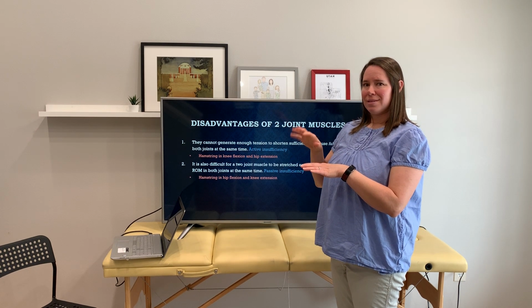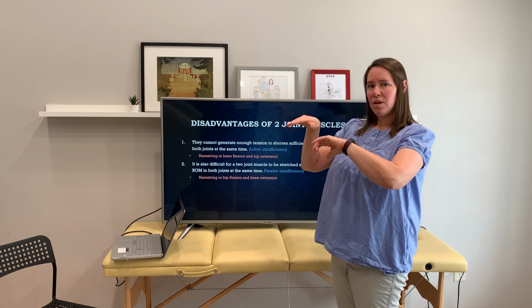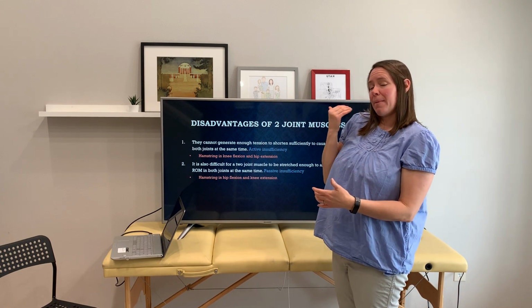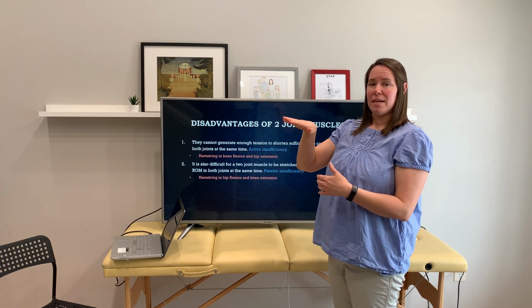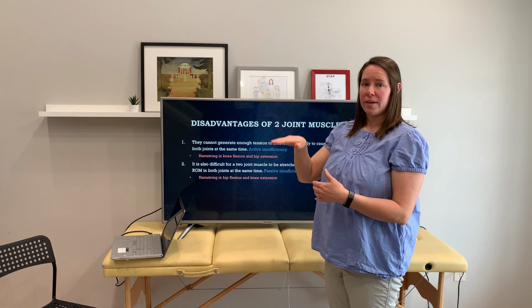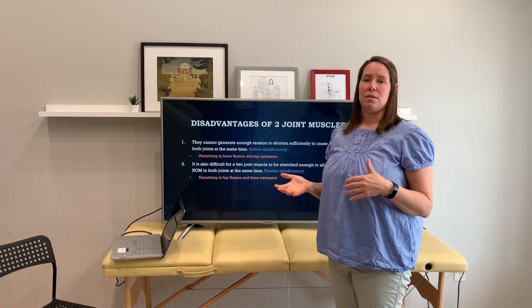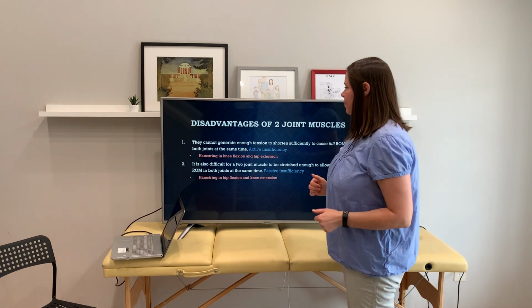Because I've slacked it off at the knee. I've bent that knee, so now it's not being stretched at the knee. It is still being stretched at the hip, but now I can bring my hip into more flexion because I've stopped making it stretch at the knee also. So you don't have enough length in the muscle to stretch over both of the joints at the same time.